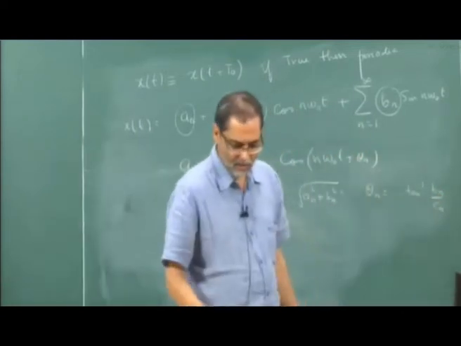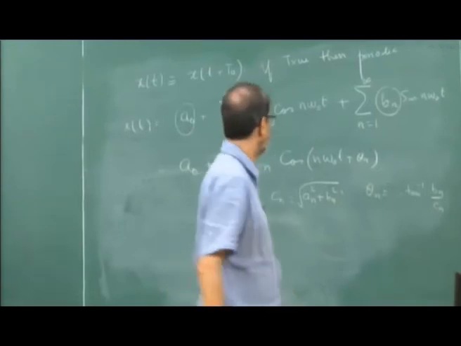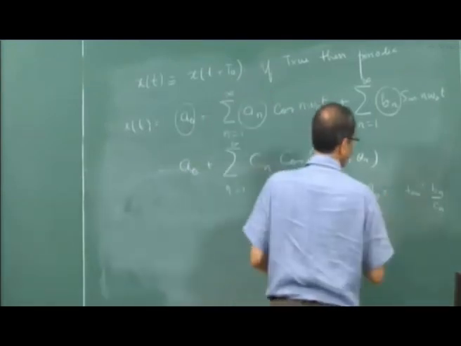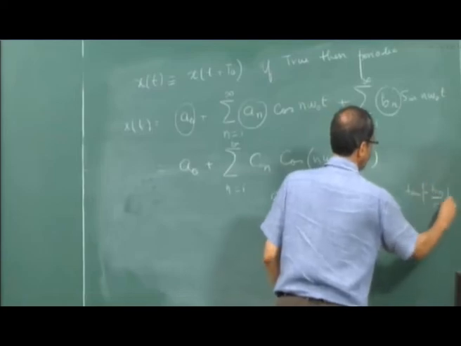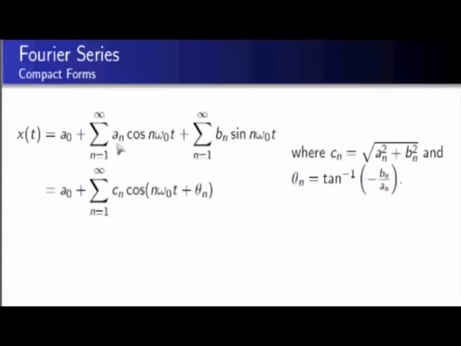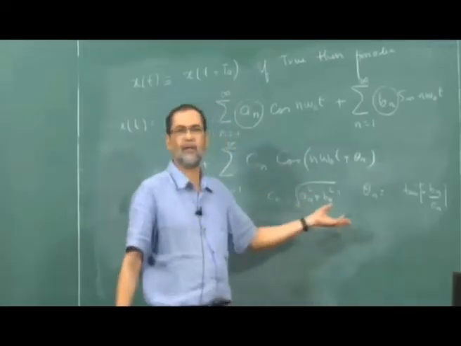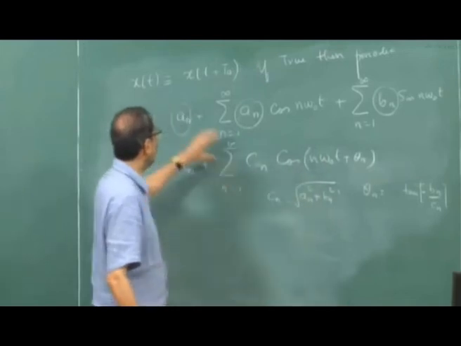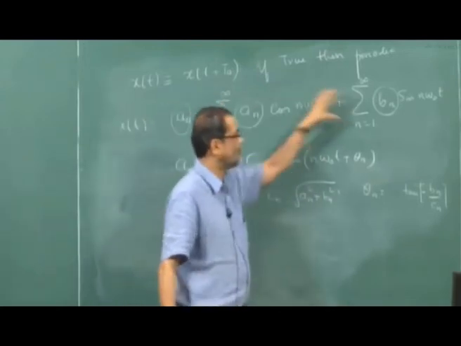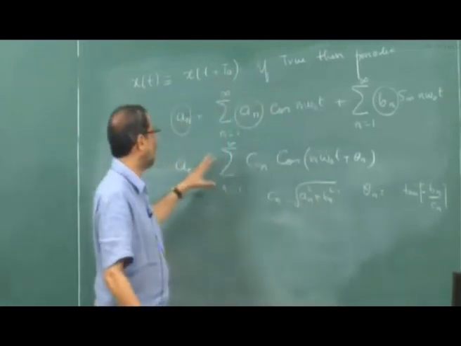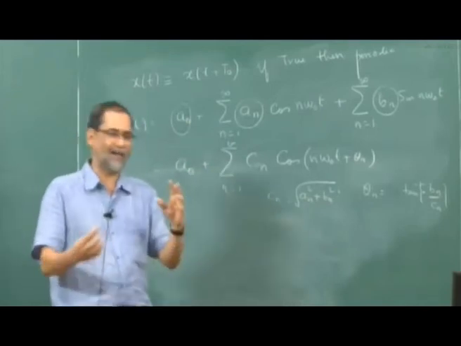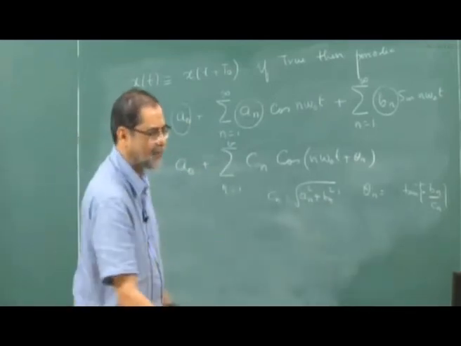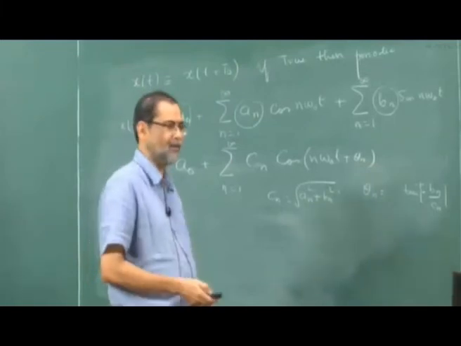Okay, let me just check. Yes. Oh, sorry, it's minus bn here, minus bn, and you can show this. I'm sure those of you who understand trigonometric identities, for them it is no sweat, it can be done easily. So instead of having two infinite sums, I have only one infinite sum, so it's more compact. So this is one compact form of the same result.